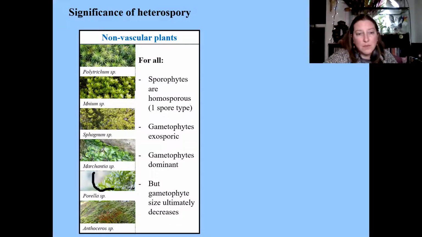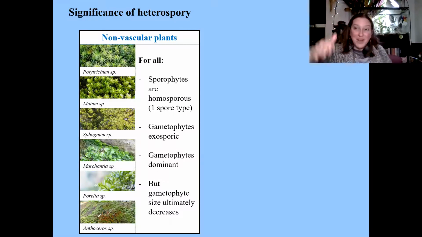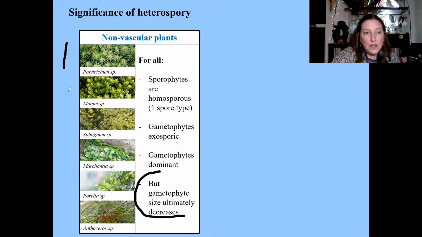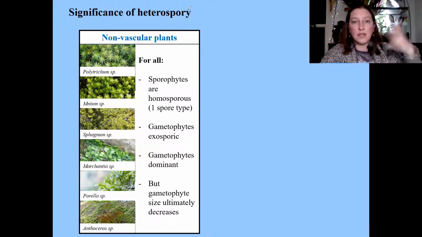And yeah, you got some leafier ones, Pellia, but still pretty small. By the time you get to hornwort, remember the dime? Remember me showing you the dime with liverworts and hornworts and how small the gametophyte plant was? That's what I'm trying to hit home here. If you go this direction from the mosses down to the hornworts, the gametophyte plant size is still reducing over time, right? It's like still getting smaller and smaller.